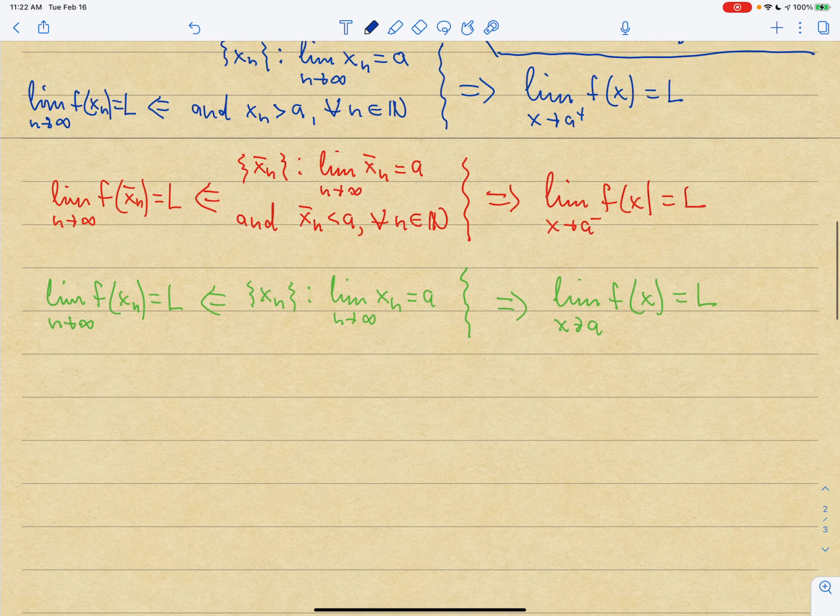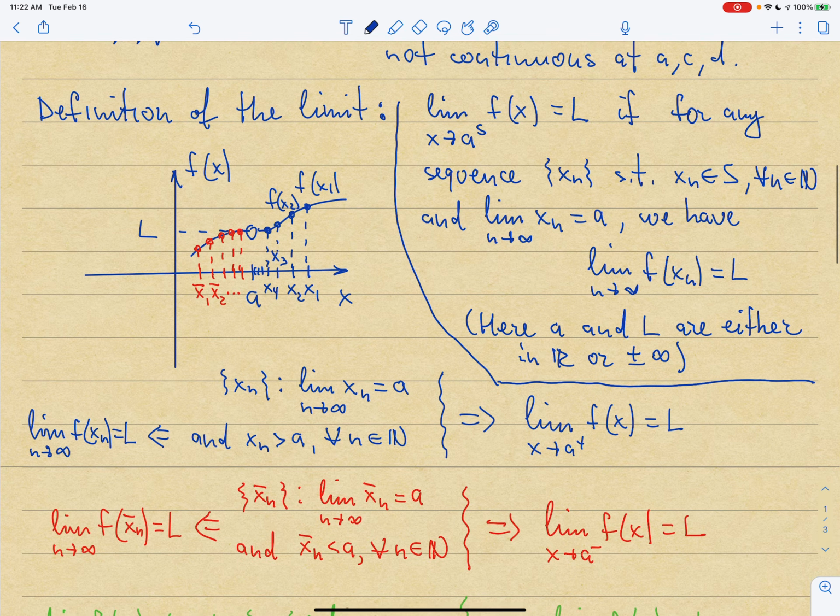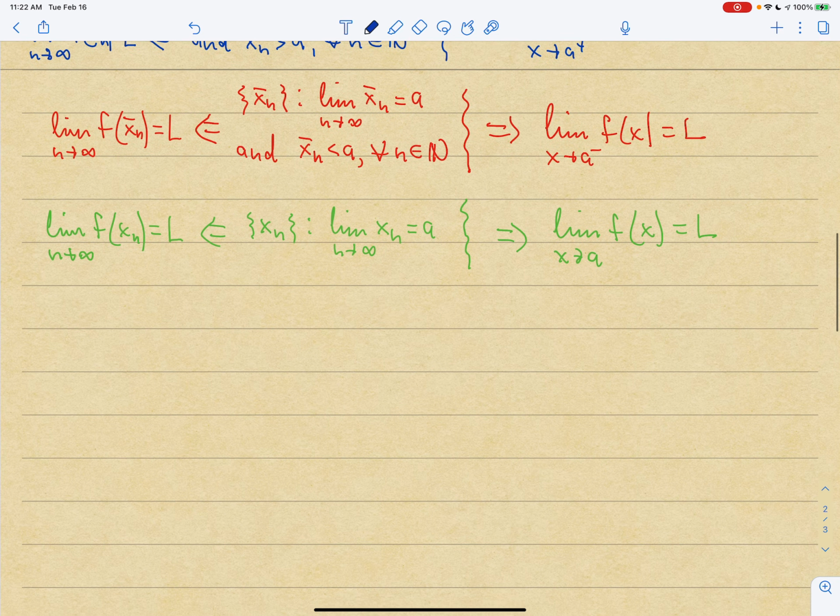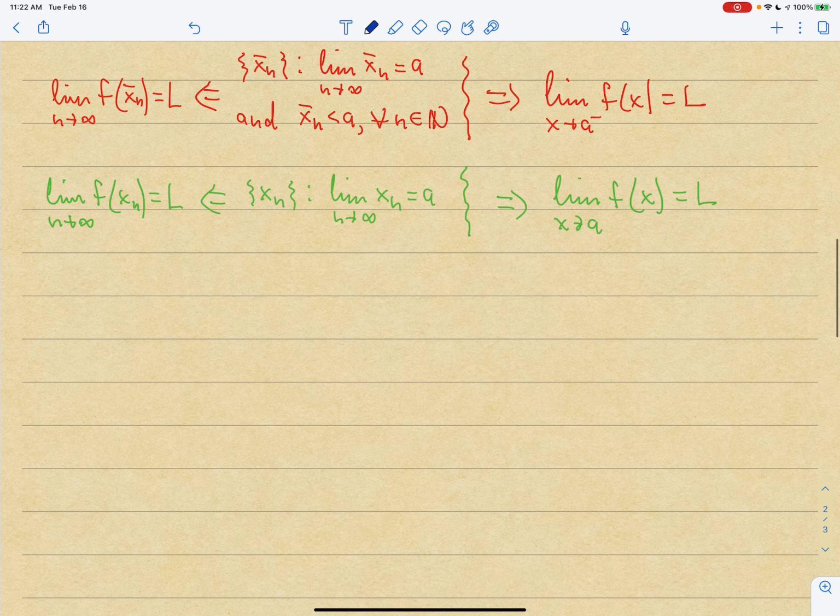In fact, let's summarize what we just said, because in a sense we already did a couple of examples. So let's just note a few things.